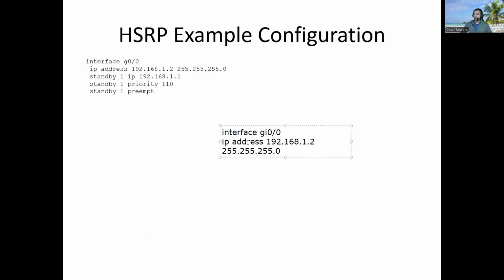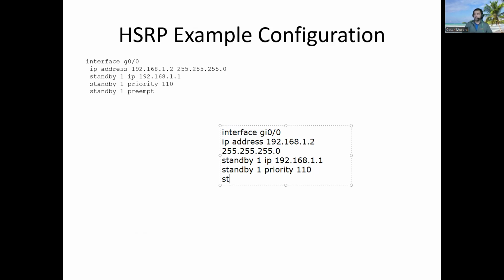After this, what else do we have? We have standby 1 IP 192.168.1.1. Then the second option is standby 1 priority, and we have 110.